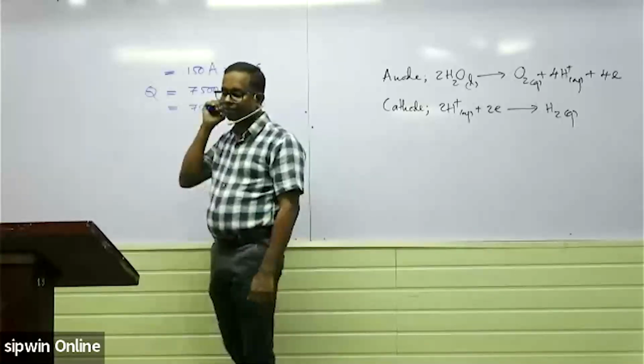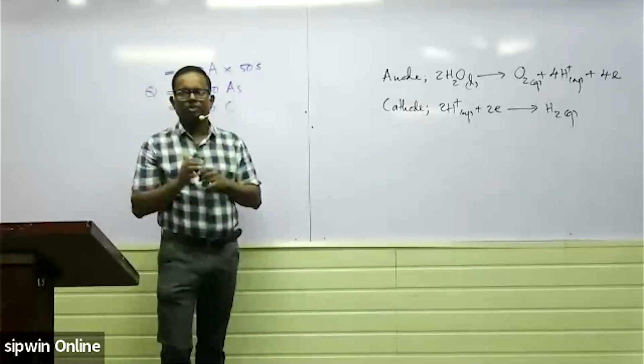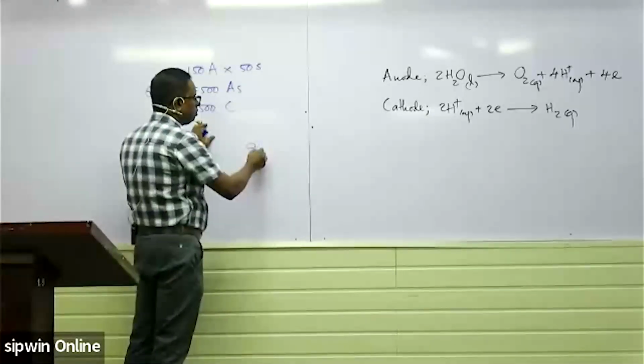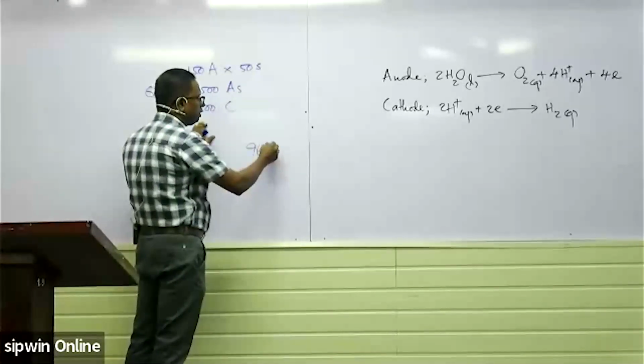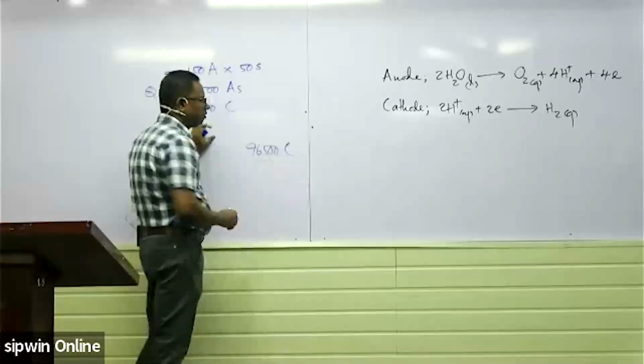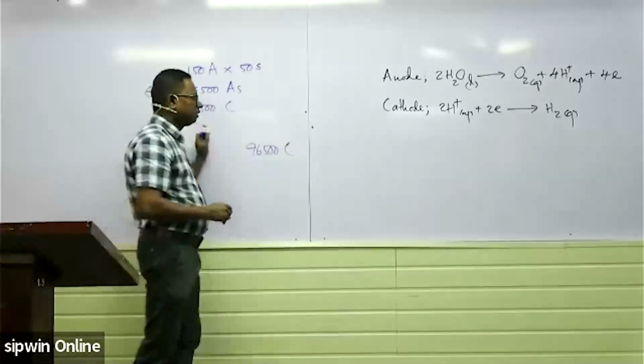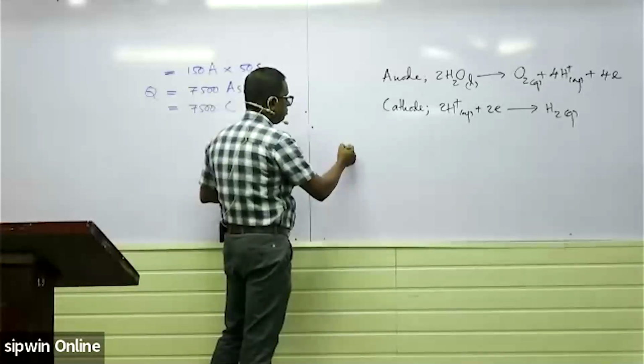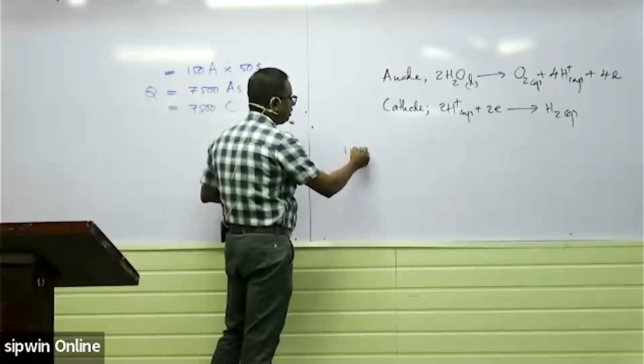For that we can use the Faraday constant. When you pass 96,500 coulombs, that means 1 mole of electrons.